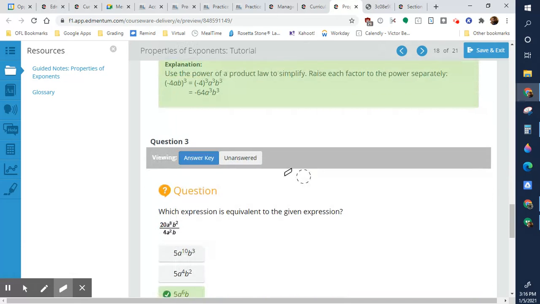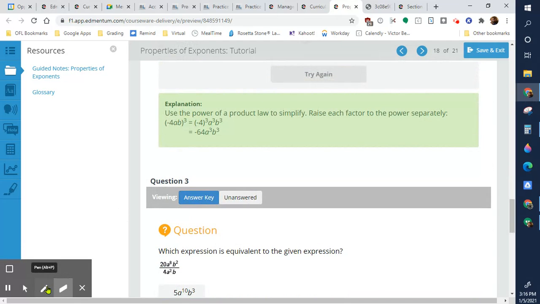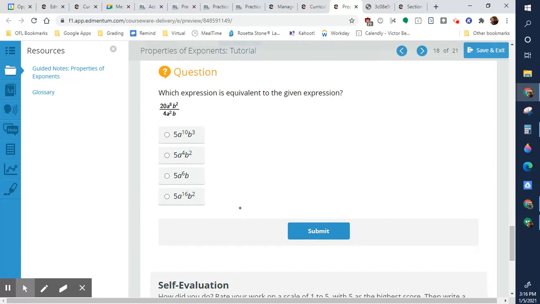All right, let's go on to the next one. So what I always do with these, when you have a rational function, you're going to pretend everything is separated. Well, what's 20 divided by 4? 5.